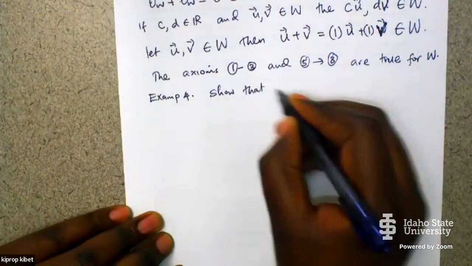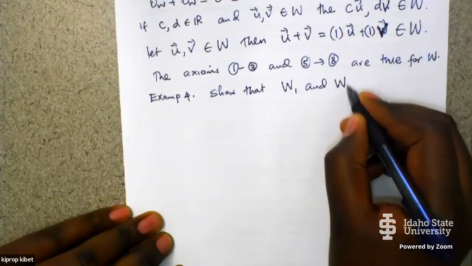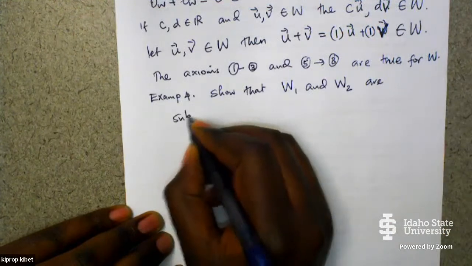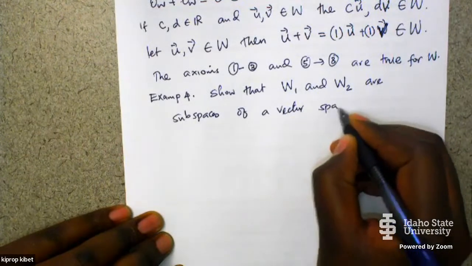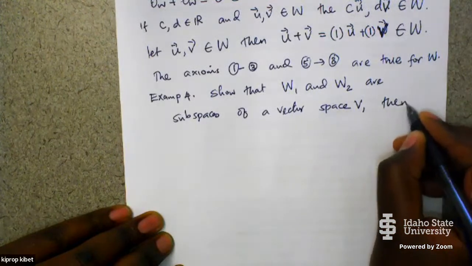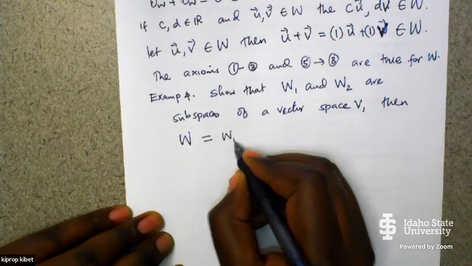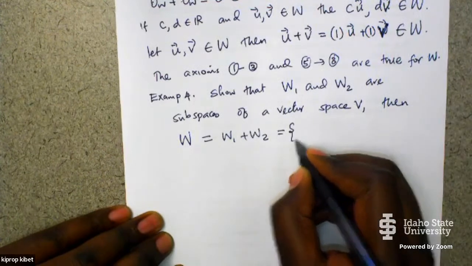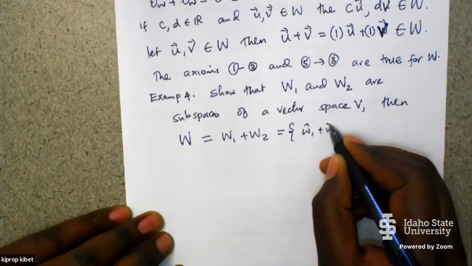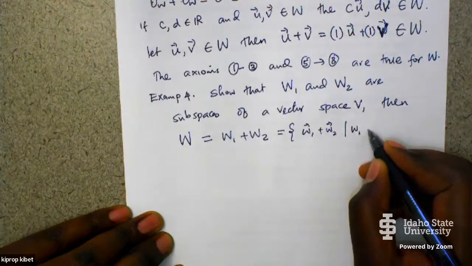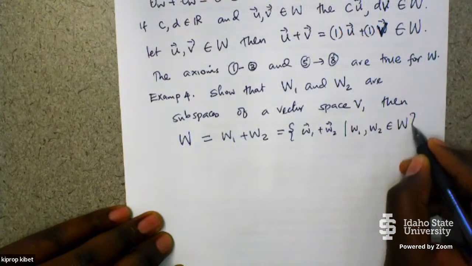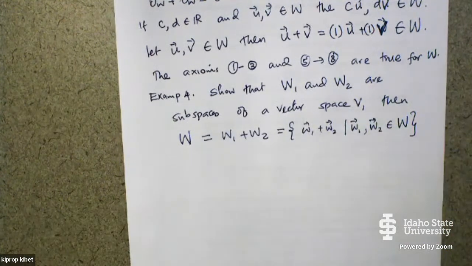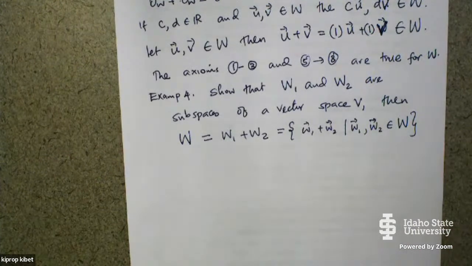Show that if W1 and W2 are subspaces of a vector space V, then W equals W1 plus W2, where W1 and W2 are elements of W. So in this case, you need to use the subspace test.